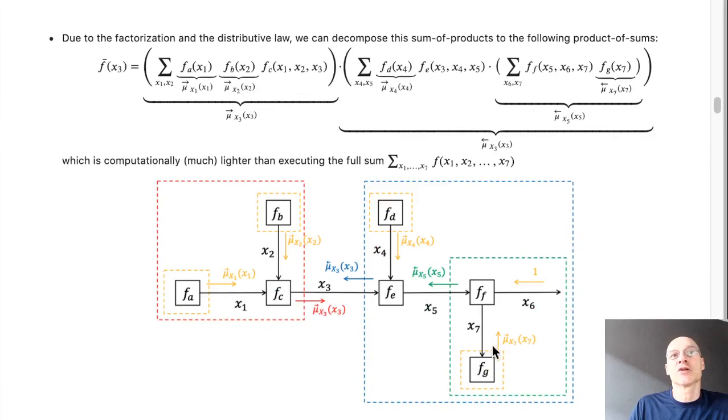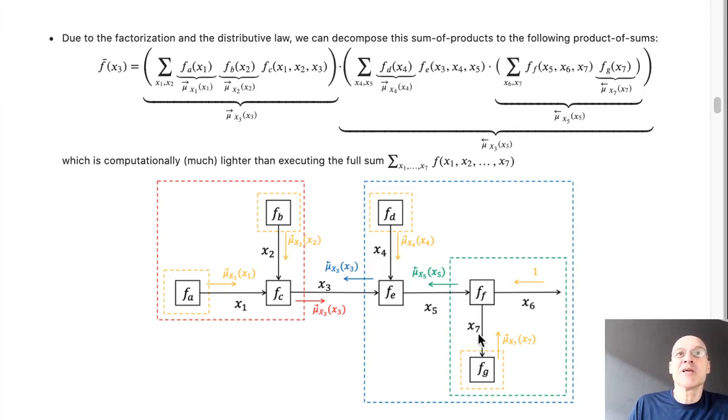I can do it for the terminal nodes, but it turns out if I close the box for a terminal node, I basically get as my message the node function itself. So I can compute this message, I can compute this message. A message from a half edge equals 1, and in the text you will see why.